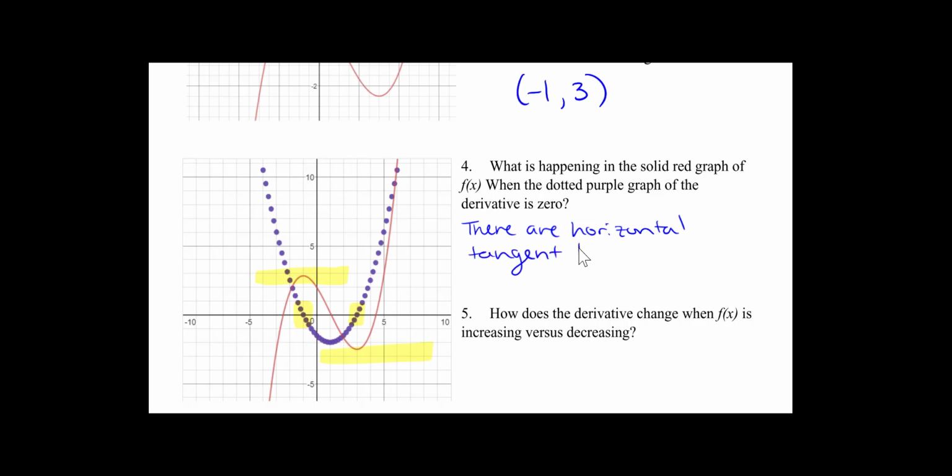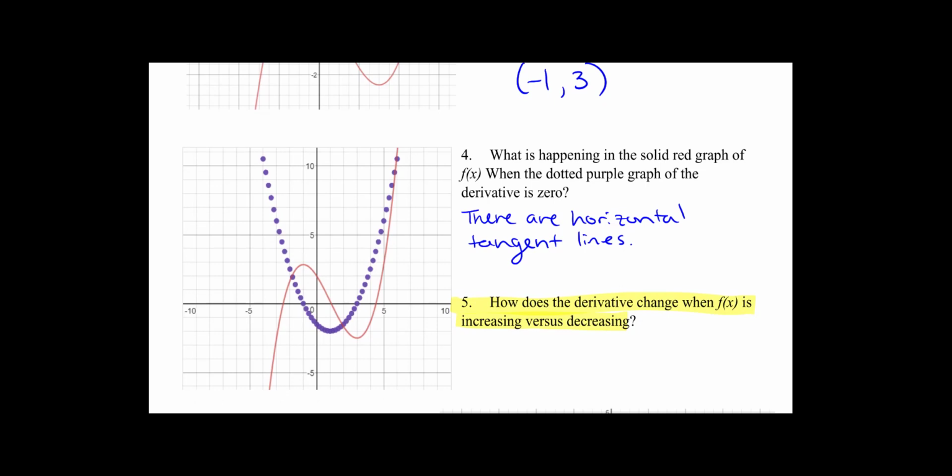You could alternatively say that the tangent lines have a slope of 0 here, or anything similar to illustrate that point. And item 5 is the really important one here. This is one of the big concepts from this section. How does the derivative change when our function is increasing versus decreasing?